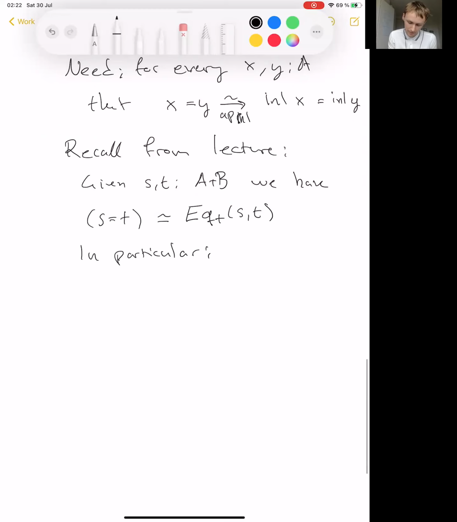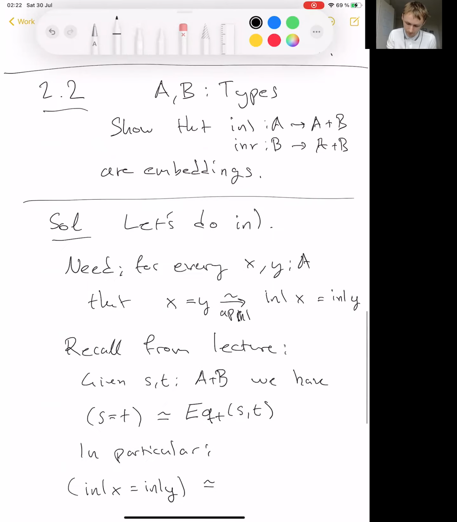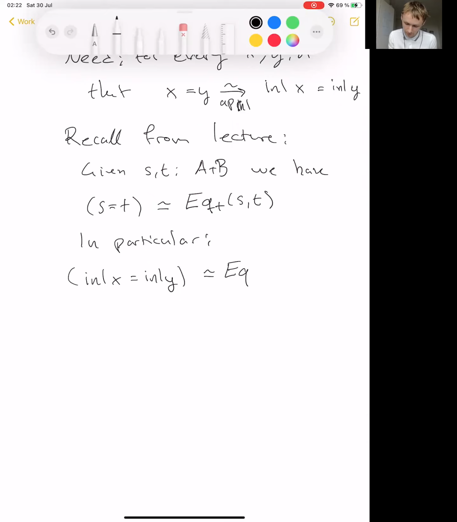And okay, so in particular, if we just instantiate this equivalence with in left x and in left y, we have that in left x equals in left y is equivalent to Eq plus of in left x and in left y. Well, let's unfold the definition of Eq plus of in left x and in left y. This is by definition just x equals y.